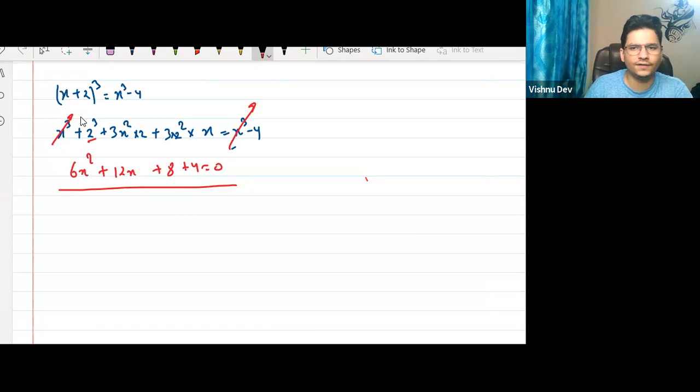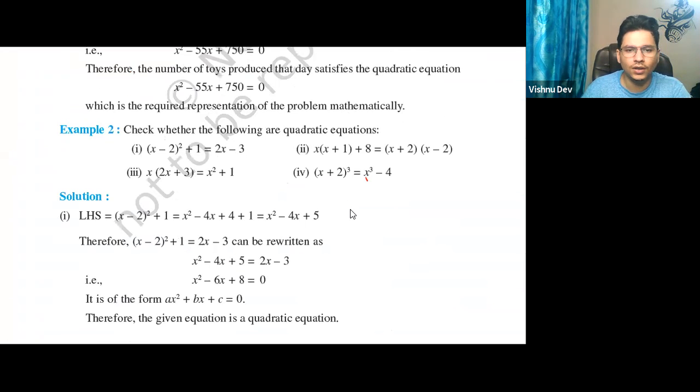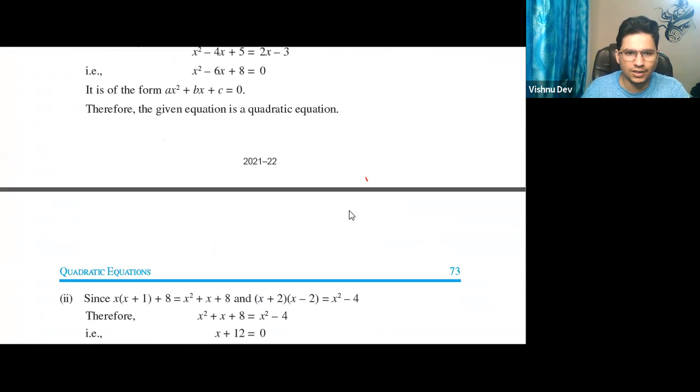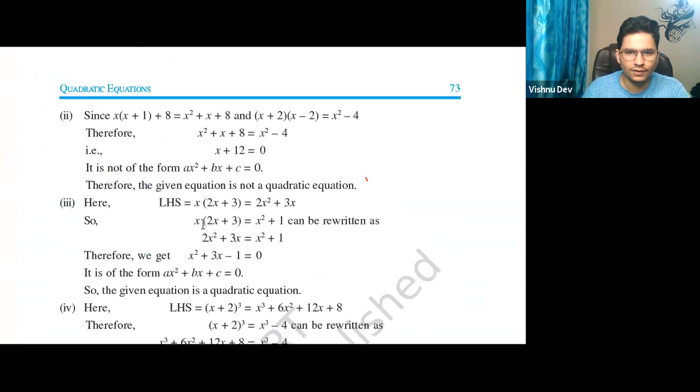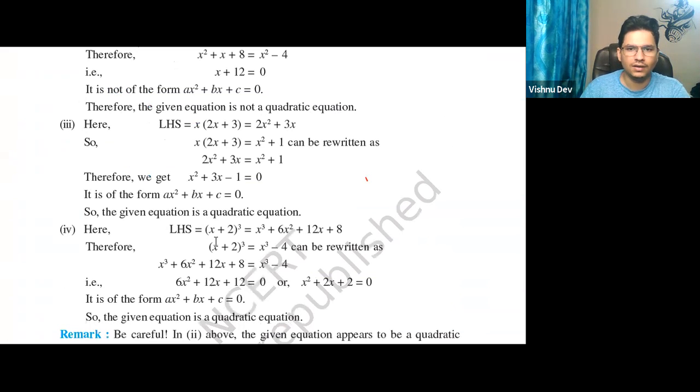First of all, what is the formula of a plus b whole cube? You have to know that formula. Look at the last one. So a plus b whole cube is a cube plus 3a square b plus 3b square a plus b cube.